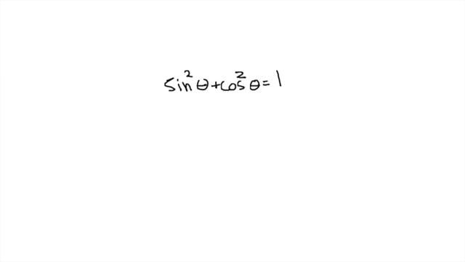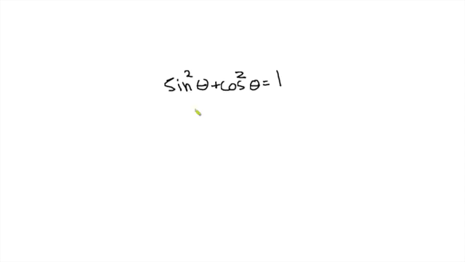Sine squared theta plus cosine squared theta equals 1. So this is a major identity, and it might be manipulated on the test. What they'll often do is subtract either sine squared theta or cosine squared theta from both sides.